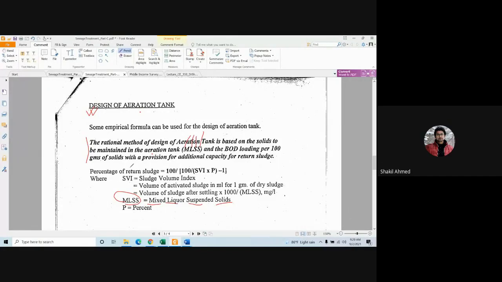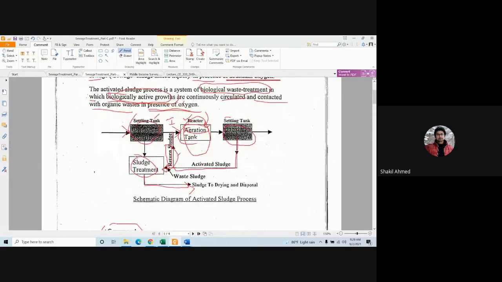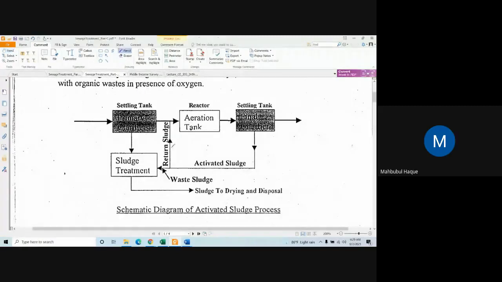Percentage of return sludge. That means how much sludge you are going to return here. Are you following me, guys? Yes, sir. So let's say this is 100% sludge here.